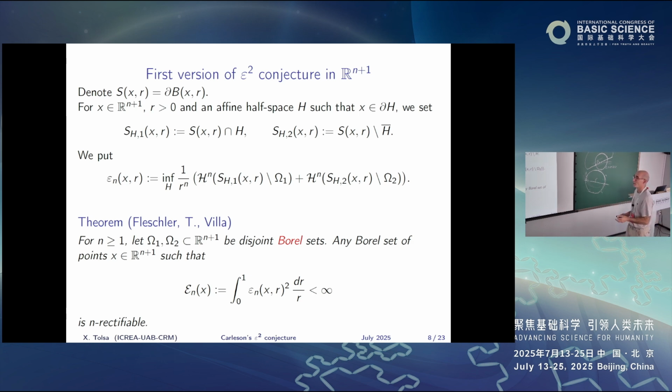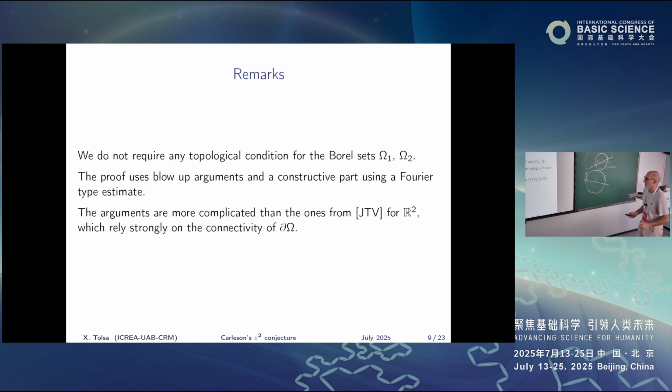So this is quite far from saying that if omega 1 and omega 2 are open sets, we have two tangents, right? All right, but an interesting fact is that we don't require any topological condition apart from being Borel.